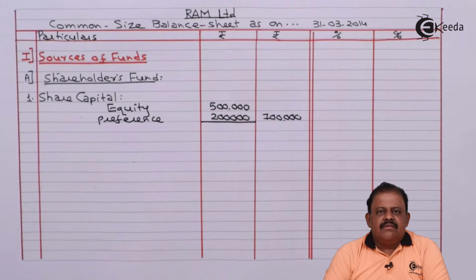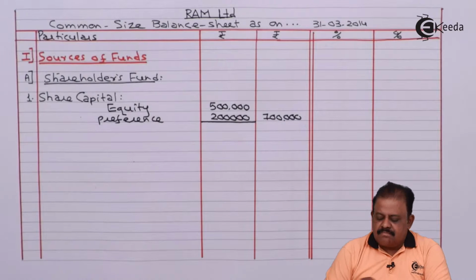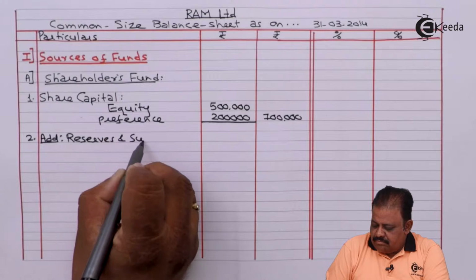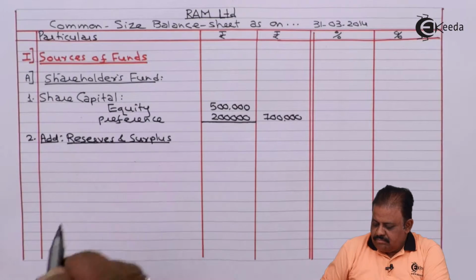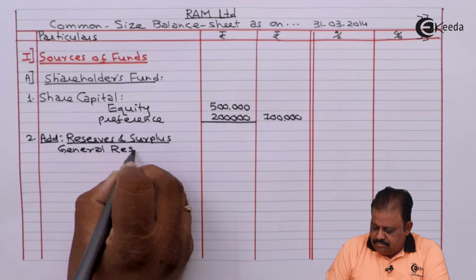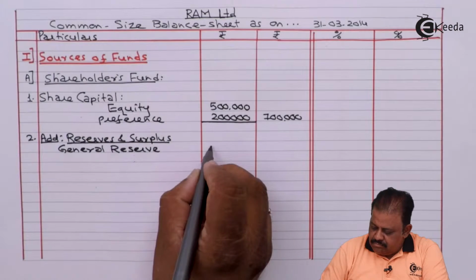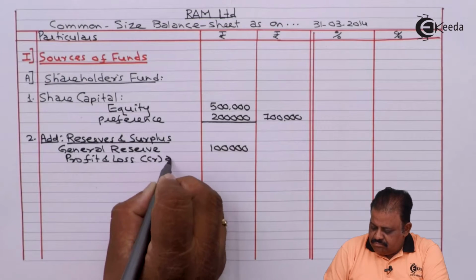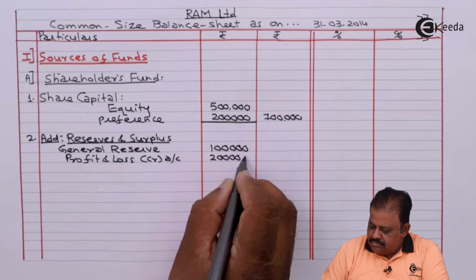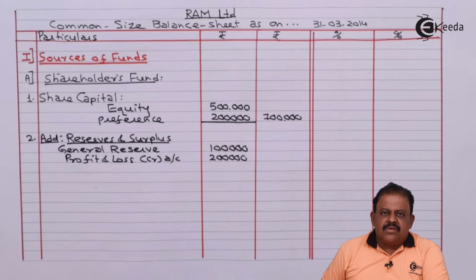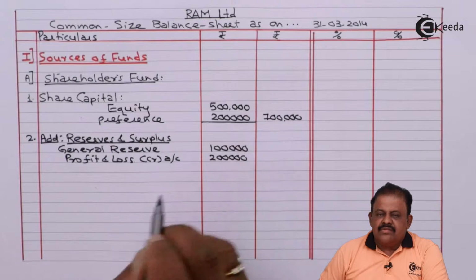To this we'll be adding reserves and surplus. General reserve 1 lakh, profit and loss account credit balance 2 lakhs.